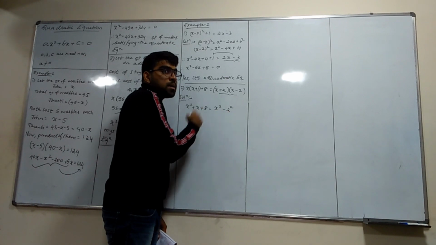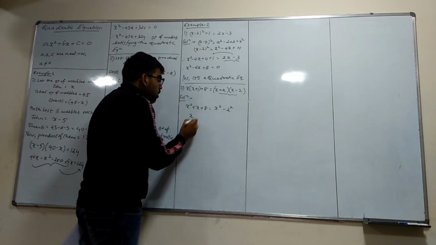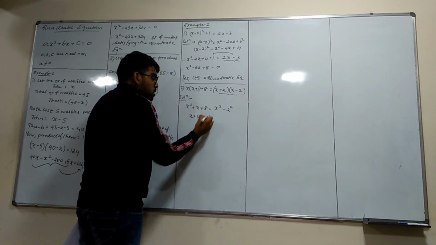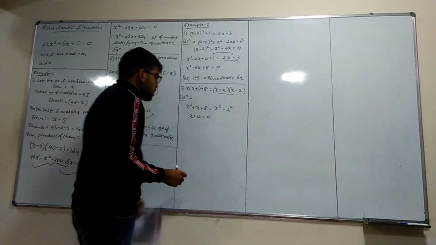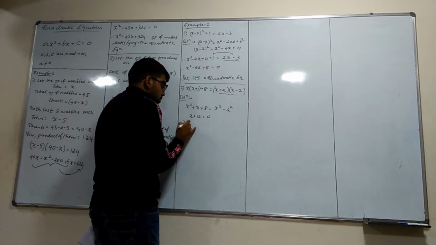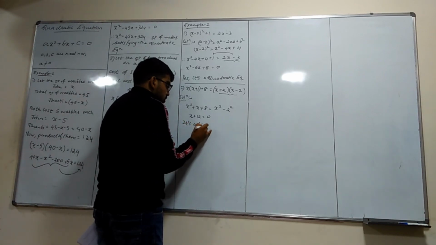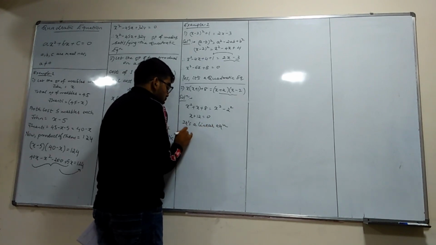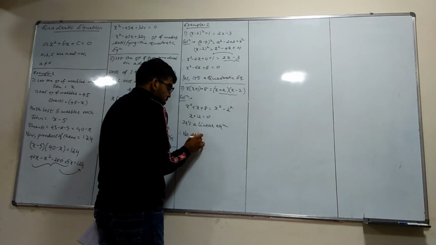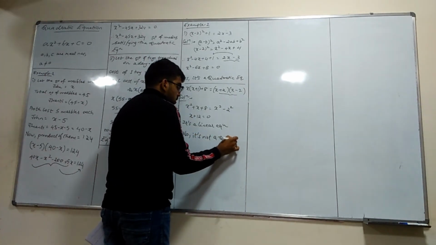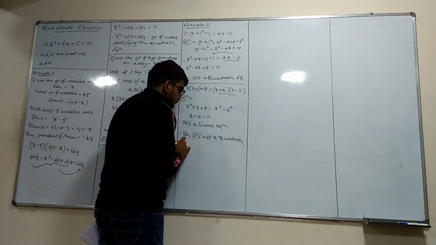Minus 4 when it comes to the left side becomes plus 4. So, x plus 12 is equal to 0. Is this a quadratic? It's a linear equation. Therefore, no, it's not a quadratic equation.